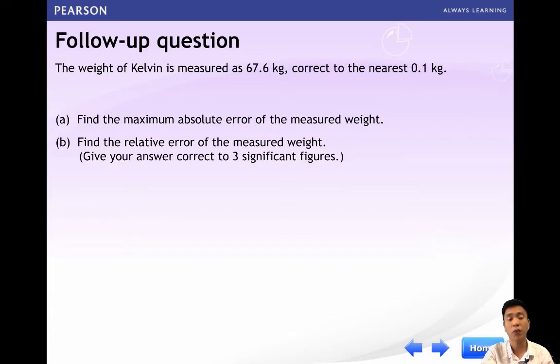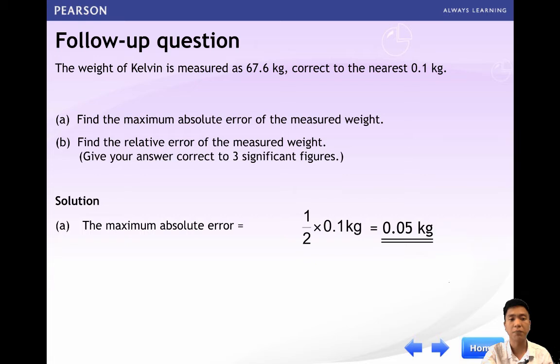Let's look at one follow-up question. The weight is just a measurement, so we use the maximum absolute error over the measured value. For part A, we find the maximum absolute error because the degree of accuracy is 0.1 kg. The maximum absolute error is 0.1 divided by 2, which is 0.05 kg.